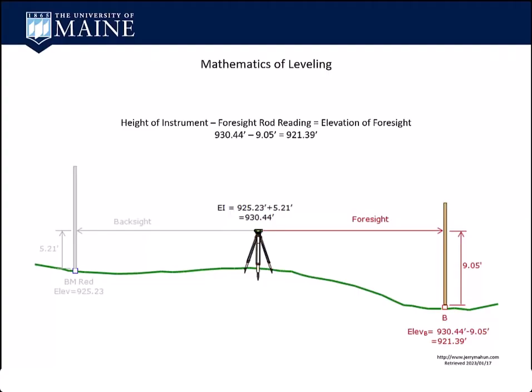Leveling in a nutshell. Granted, you have to be on the right point, you have to be plumb, the instrument has to be set up and leveled. You have to take all the personal errors out. If you're booking it, you have to write down what you read correctly, but that's just common sense.